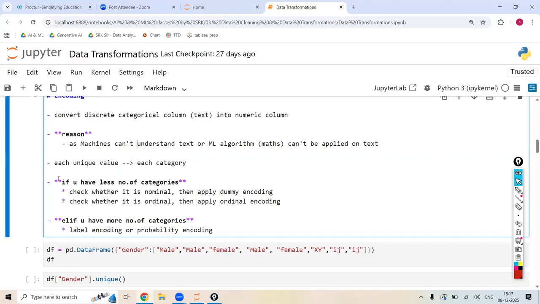Now, which type of encoding? What are the different types of encoding techniques?